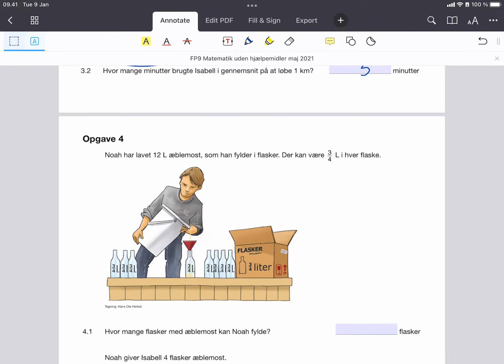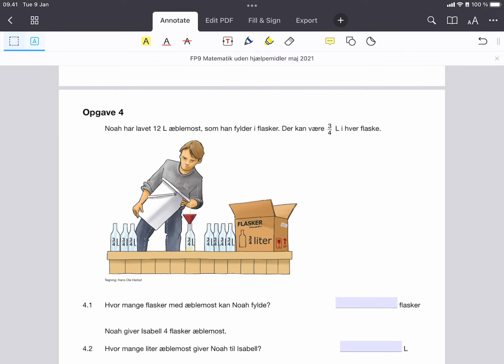So on to question 4. Noah has made 12 litres of Hjælpemidler, which is this sort of cloudy apple juice, which he's filling bottles with. There can be 3/4 of a litre in each bottle. How many bottles of cloudy apple juice can Noah fill?